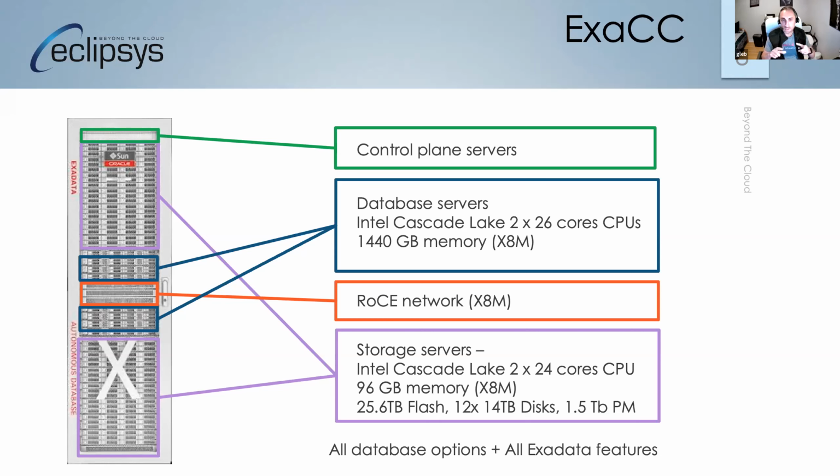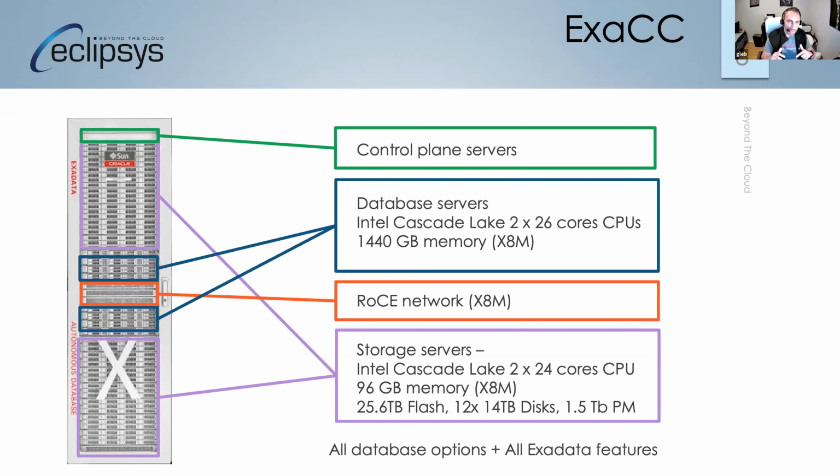You have the database servers, like for QuarterRack, you have the same 2 database servers as on Exadata, but you remember that on Exadata, you have 2 sockets, 24 cores. In ExaCC, you have more cores. You have the same 2, but 26 core CPUs.